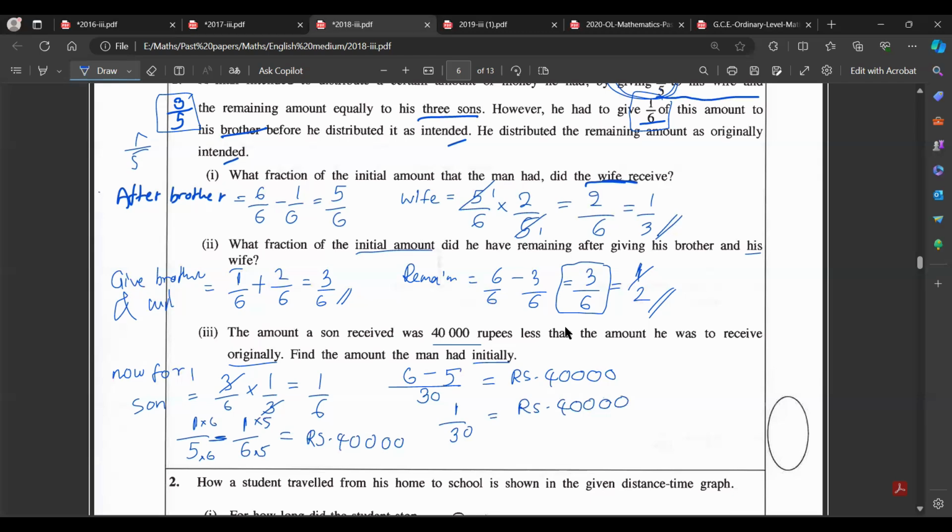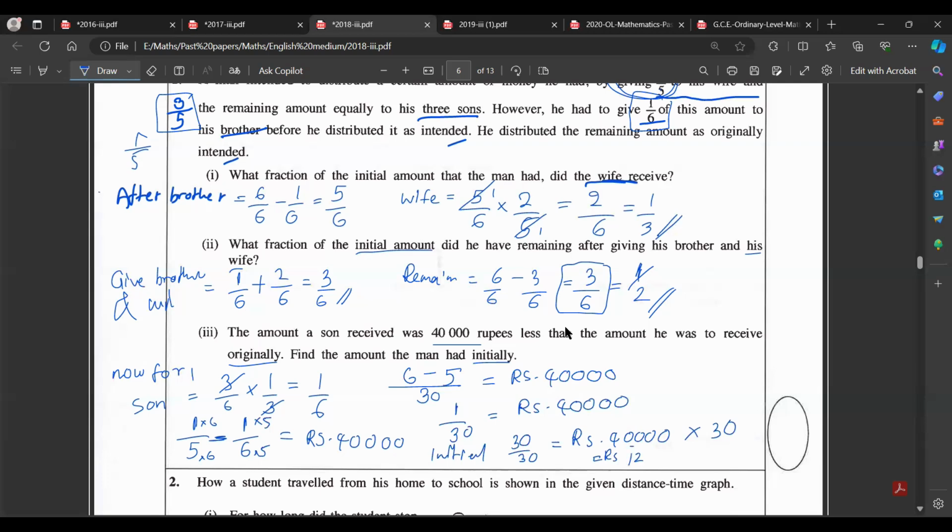So the initial amount should be 30 parts. You have to consider 30 parts. One part is 40,000. The initial total cost should be this 40,000 multiplied by 30. So 3 times 4 is 12.